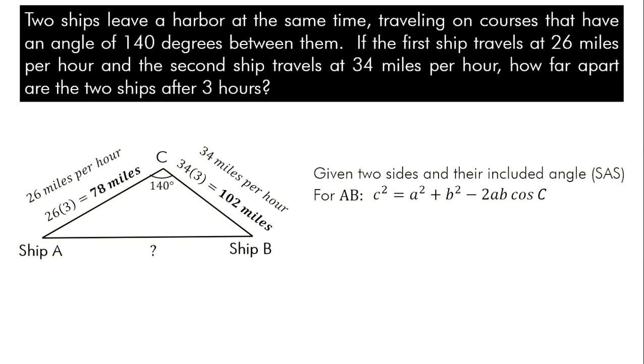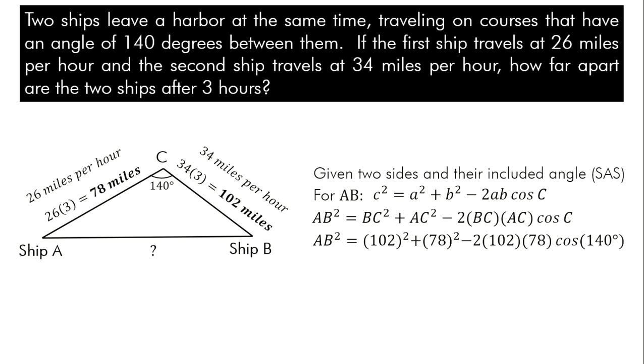We have A squared as 102 squared, which is the length of BC, and the length of AC is B. So we have 102 squared plus 78 squared minus 2 times 102 times 78 cosine 140 degrees.